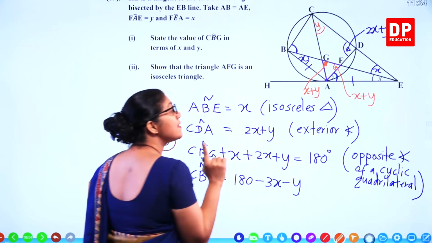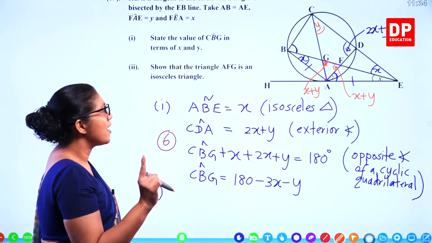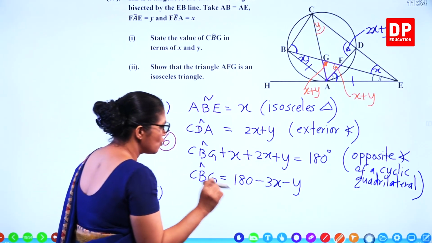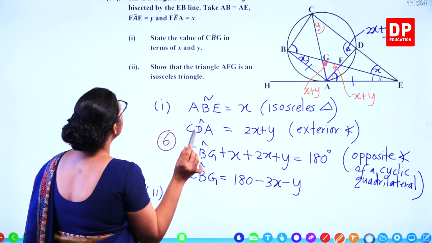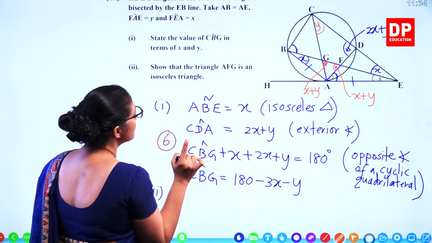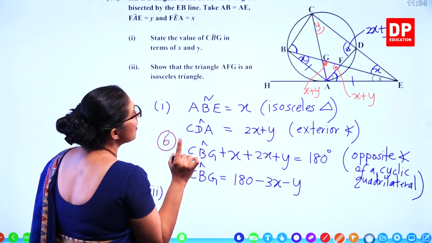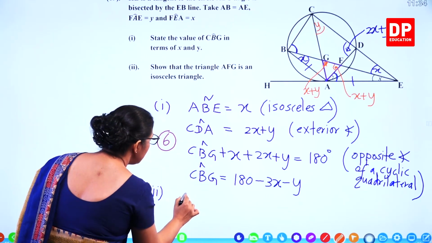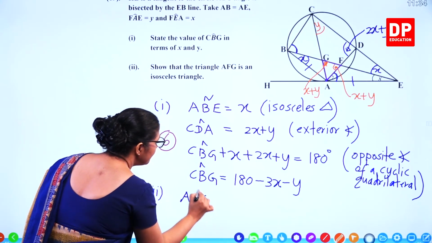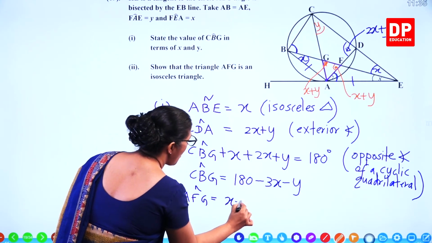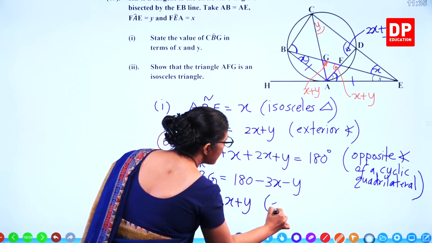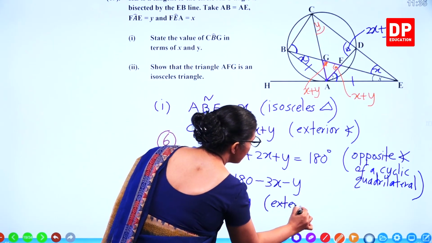Two angles are the same. So this is an isosceles triangle. So we have to write down everything. So we can write down AFG angle is equal to x plus y. That's exterior angle.